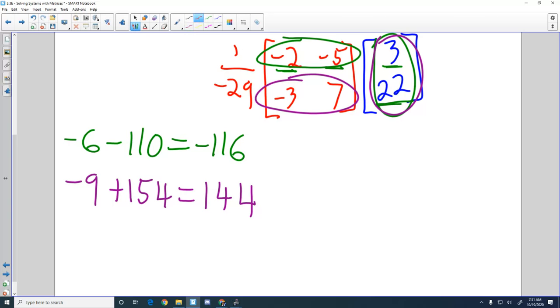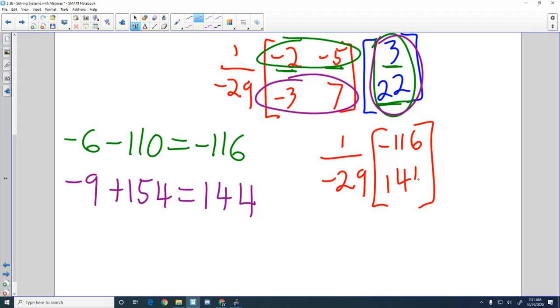So now what we have, 1 over negative 29. But when I multiplied these two matrices together, we got negative 116 and positive 144. Yeah, Brady. I meant 5. Thank you. Good catch.